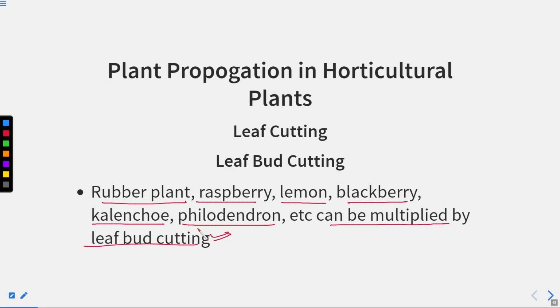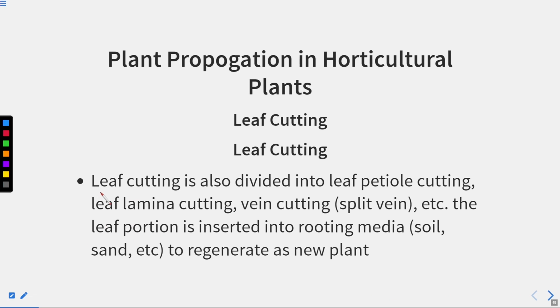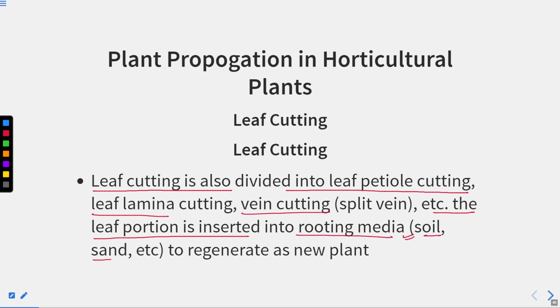Which of the following plants can be used for leaf bud cutting? Now leaf cutting is divided into leaf petiole cutting, leaf lamina cutting, vein cutting, etc. The leaf portion is inserted into the rooting material, which could be soil or sand.